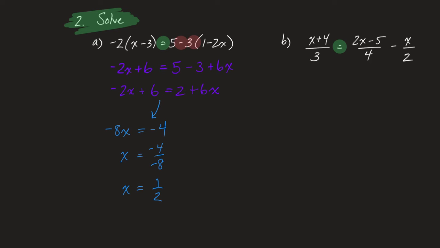Now, you may also be a positive coefficient person. I would throw myself into that category. That I take a quick peek at my last purple line, and I like to have positive coefficients. So I'm going to think about my variable being on the right side then, because then I will have a positive 8x over there. To get rid of my minus 2x, I need to add 2x.